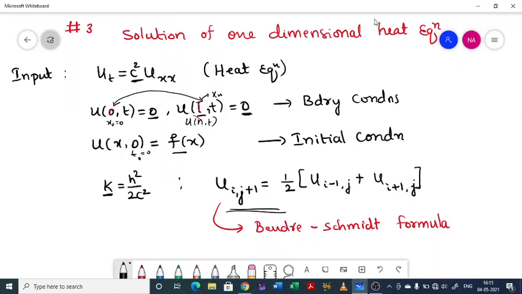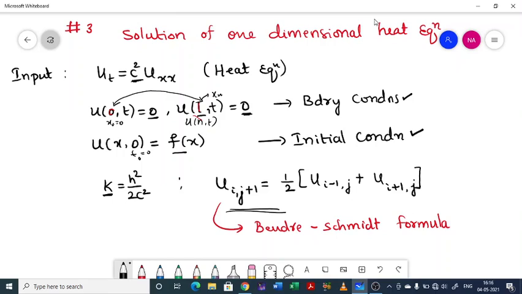From these boundary conditions, you can observe that the first and last column of the table will be 0. The initial condition helps to determine the first row. So we need to determine the remaining rows or columns.